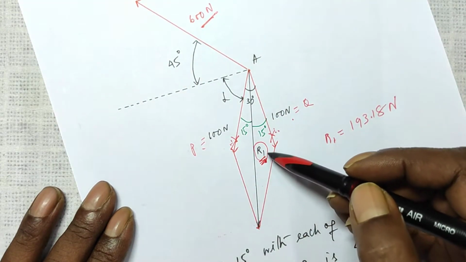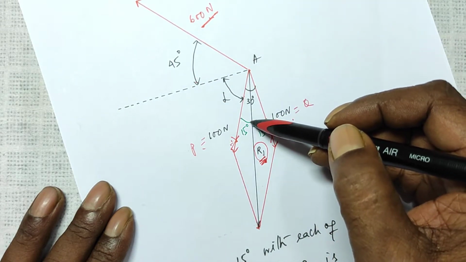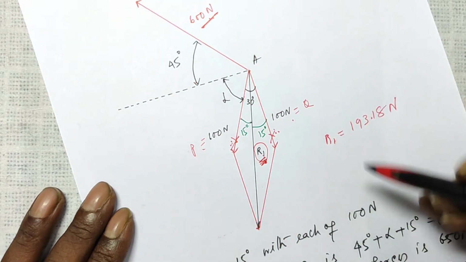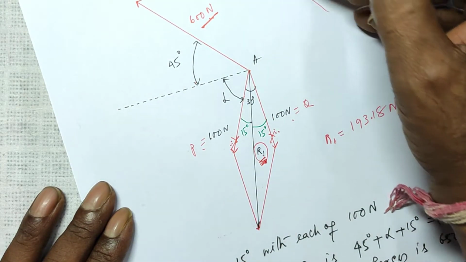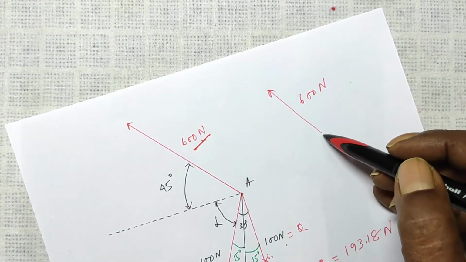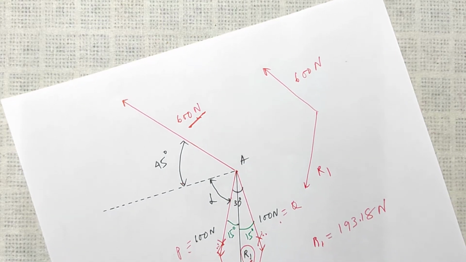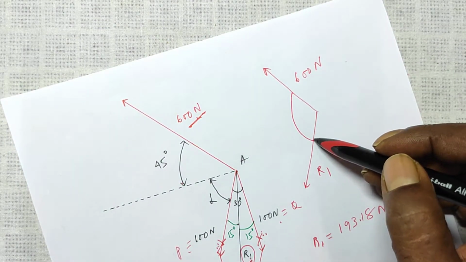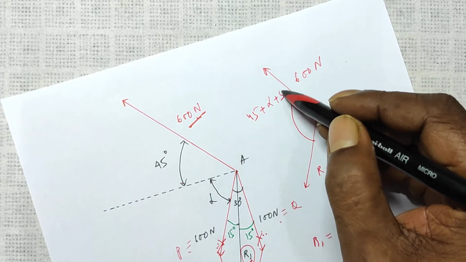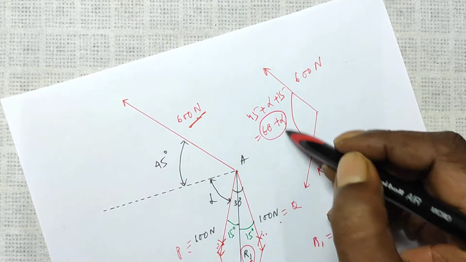Now what is the angle between R1 and 600? This is 45, this is alpha, this is 15. So 45 plus alpha plus 15. So we have two forces now, 600 Newton and your R1, which is the resultant of P and Q, and the angle between them is now 45 plus alpha plus 15, that is equal to 60 plus alpha.